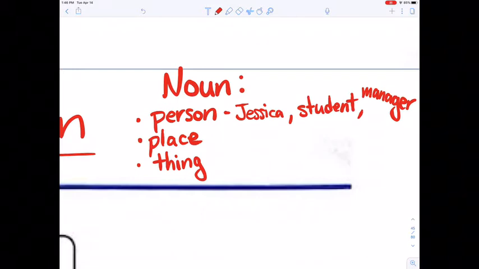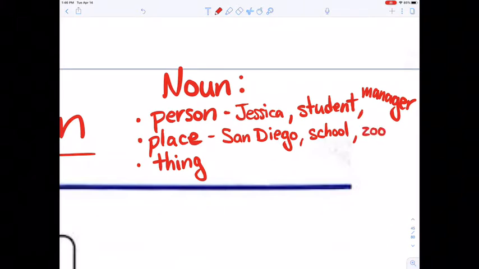So a noun could be a person, could be a place too, like where do we live? We live in San Diego, right? That's a place. Another place could be school. Another place could be the zoo. And then we have a thing.